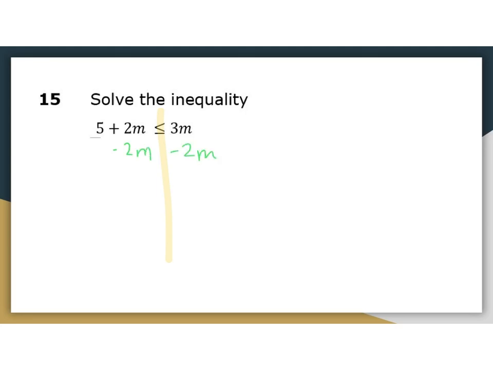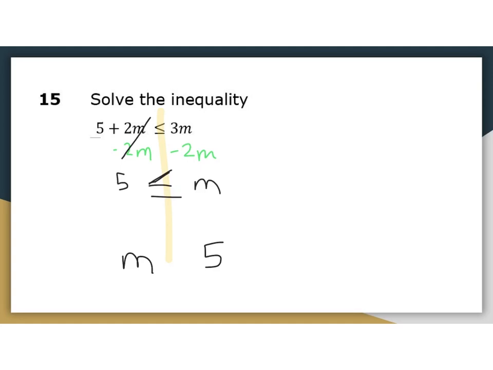When I do that, that leaves us with 5 on the left is less than or equal to, because the 2m's canceled out, m. Here, the m is already isolated, so I don't need to solve any further. But the variable is on the right, and typically when we write our answers, we want that variable on the left and the constant on the right.